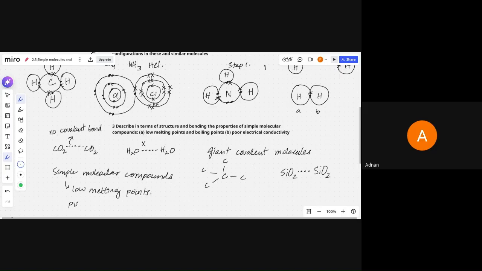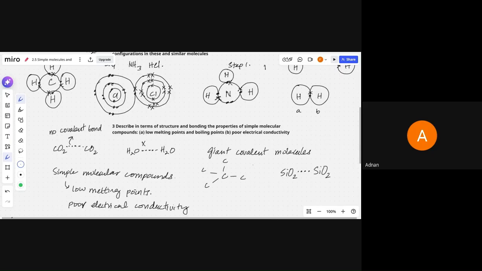They have poor electrical conductivity, right? So why do they have low melting points and poor electrical conductivity?